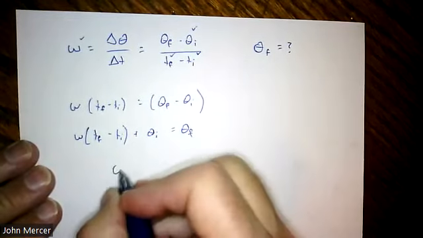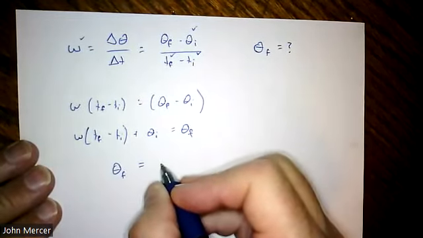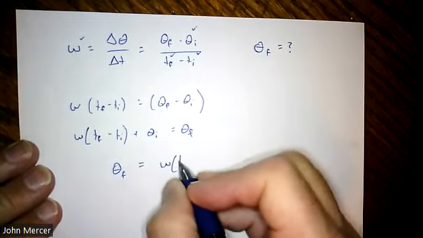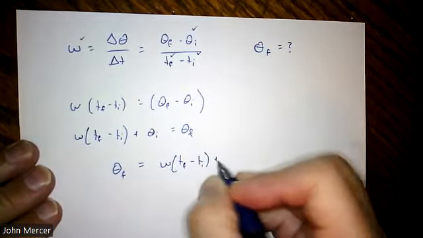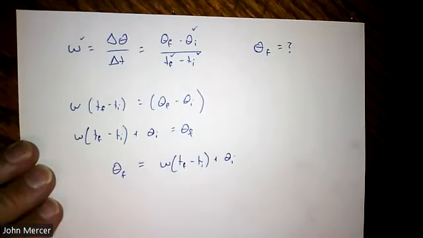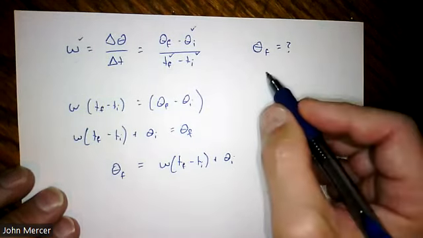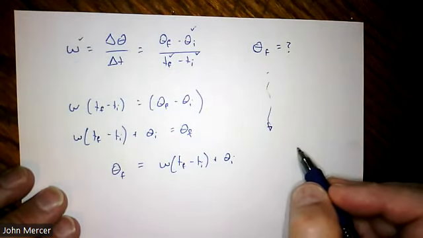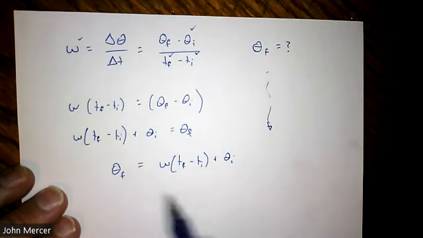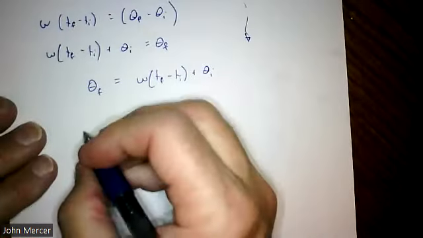I'll just rewrite it so theta f is by itself on the left-hand side of the equation: omega times (Tf minus Ti) plus initial position. Now, whatever we knew in terms of the parameters given, I plug them in and solve for theta f. So you can do that with each of these equations.